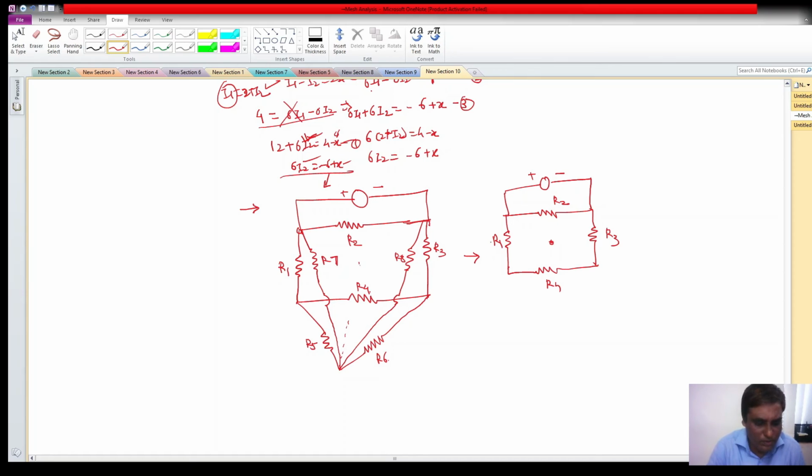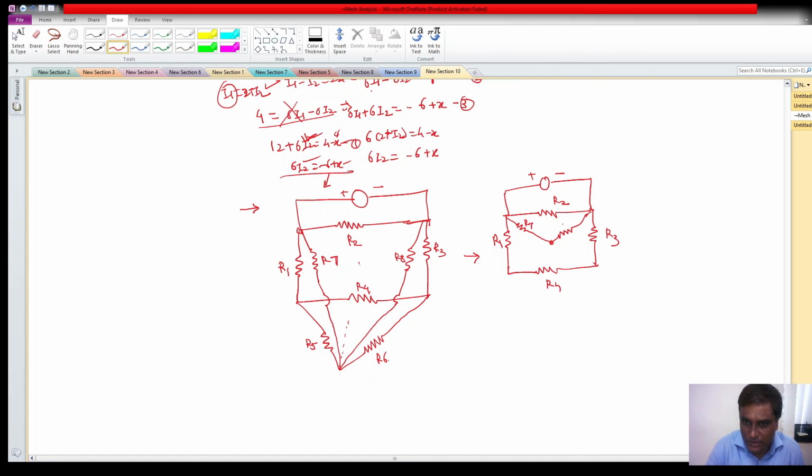So this will be what? R7 is connected here, and R8 is also connected with R3, so this will be my R8.